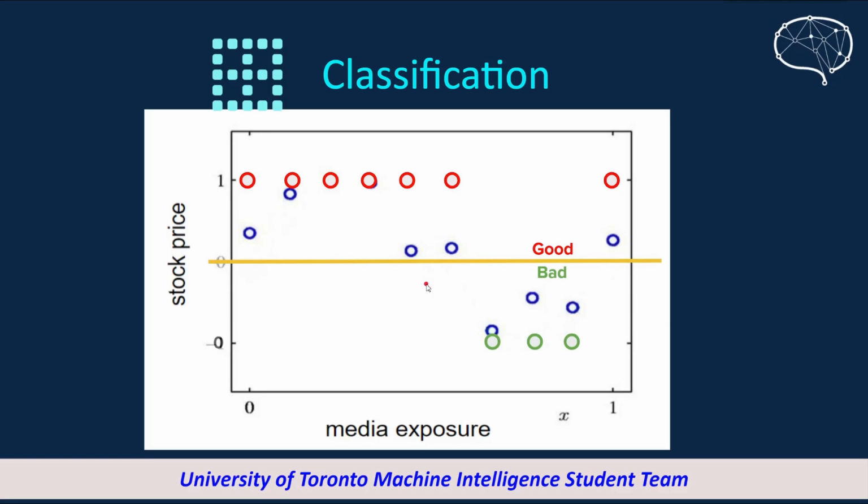But in a real classification problem, we usually use 0 and 1 to represent a binary label, for example, true or false, good or bad. And we essentially want our fitted function to represent values between 0 and 1.